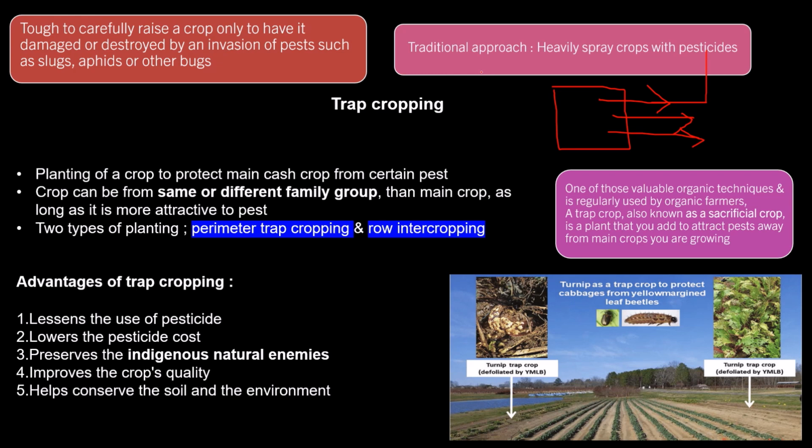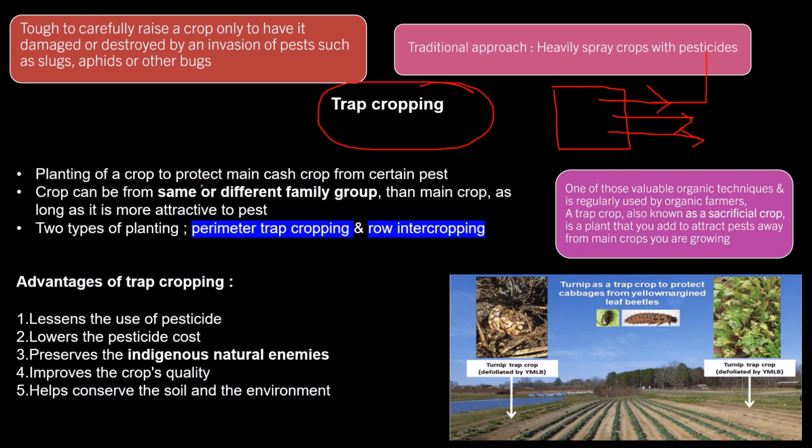But trap cropping is a valuable technique, also called using a sacrificial crop, because the other crop planted in the field is going to take up all the attacks of the pest or the insect coming into the field, and it is going to prevent the main crop from getting disrupted, and this will help to promote the yield of the main crop as well.